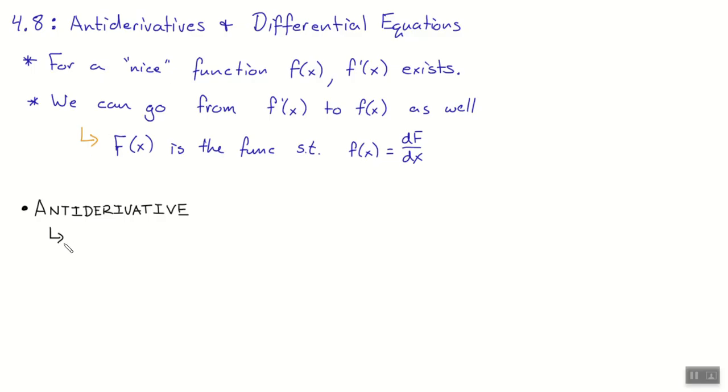An antiderivative, by definition, is a function that we will call capital F. We're going to make the claim, this is the antiderivative. And I'm going to put in parentheses an antiderivative, and maybe there's a difference.